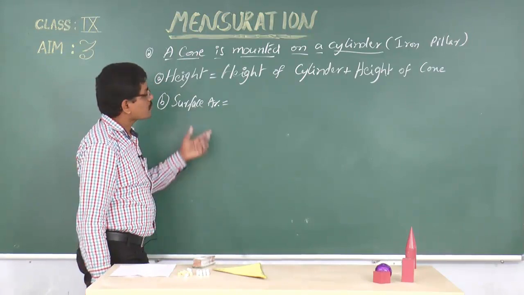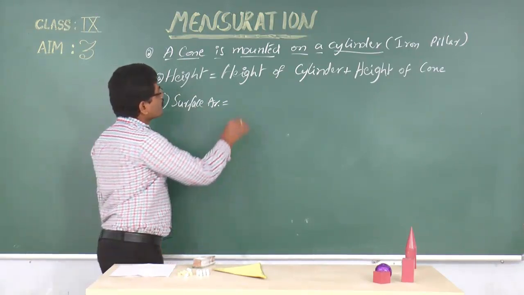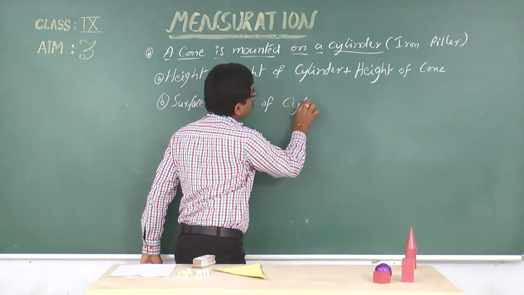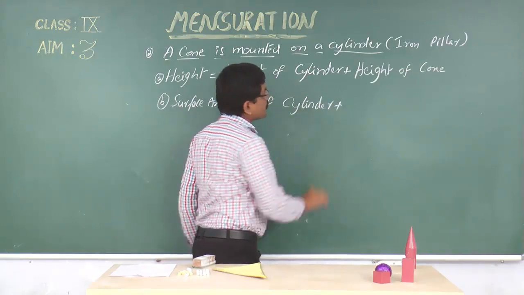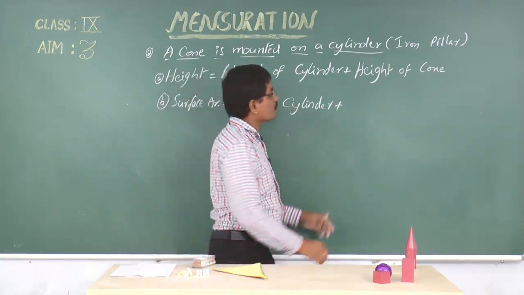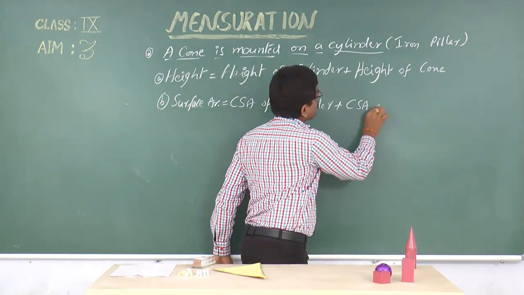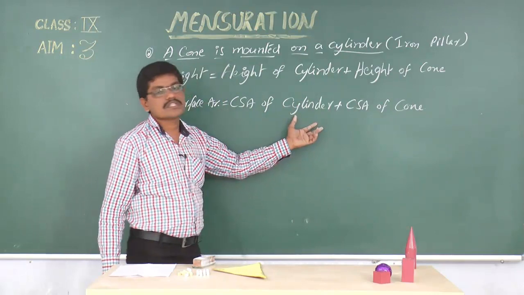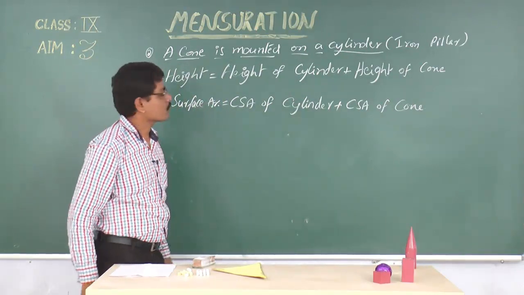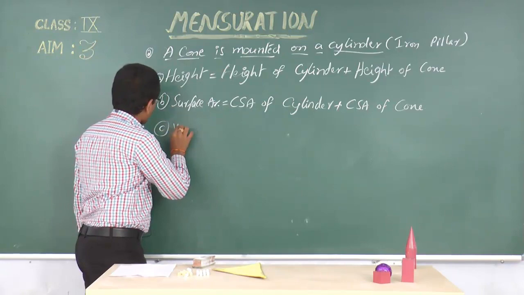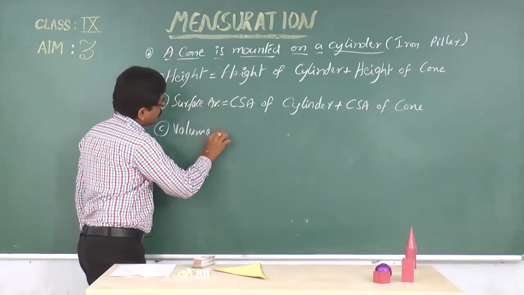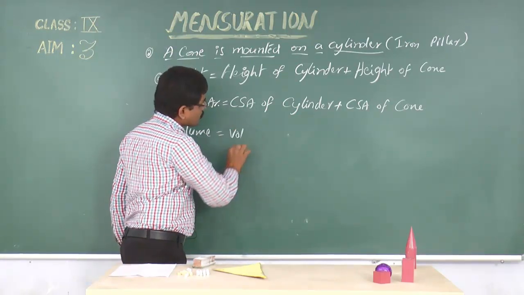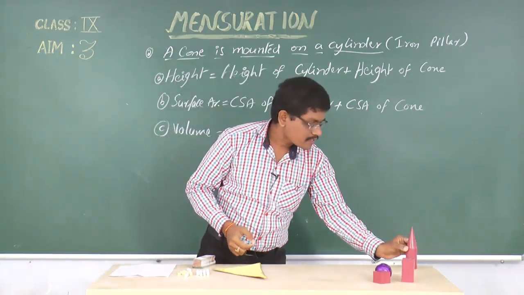surface area. Surface area is equal to CSA of cylinder plus CSA of cone. CSA of cylinder plus CSA of cone. Next, volume. Volume is equal to the sum of the two solids.